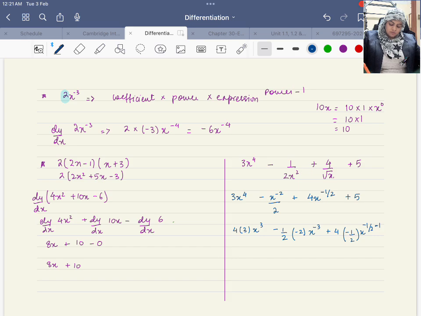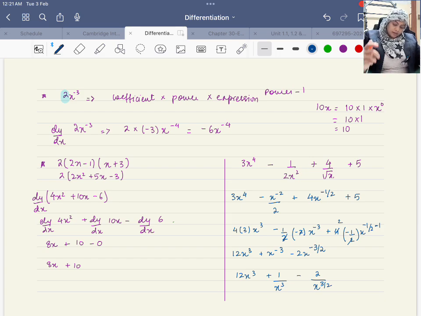So this becomes 12x cube plus x to the power minus 3. This is plus minus 2x to the power minus 3 upon 2, or I can write it as 2x cube plus 1 upon x cube minus 2 upon x to the power 3 upon 2. I will write it like this.